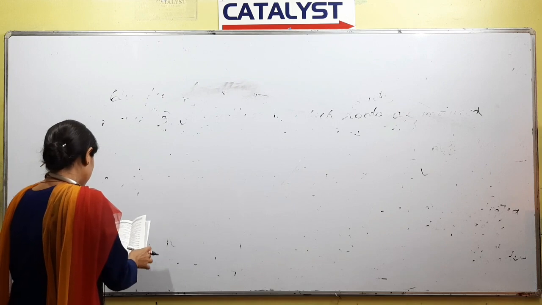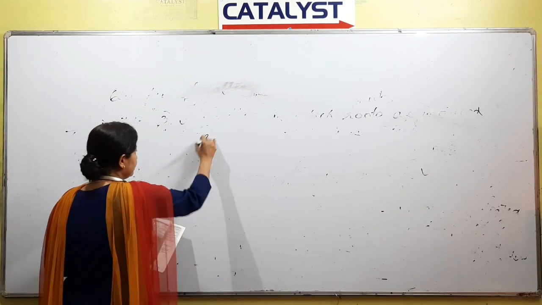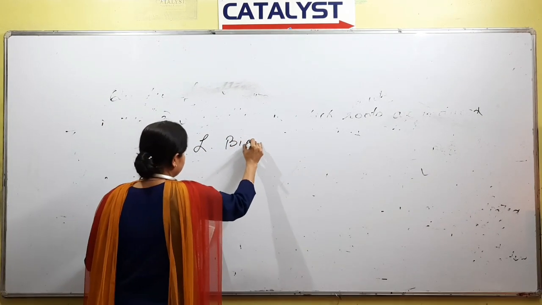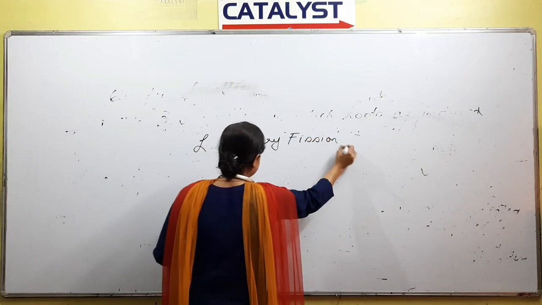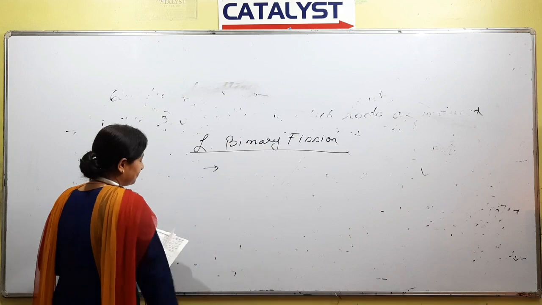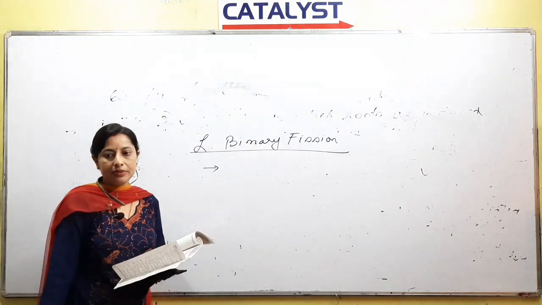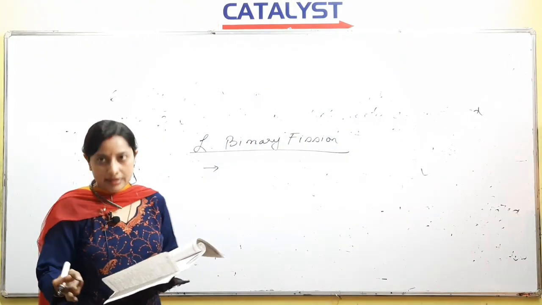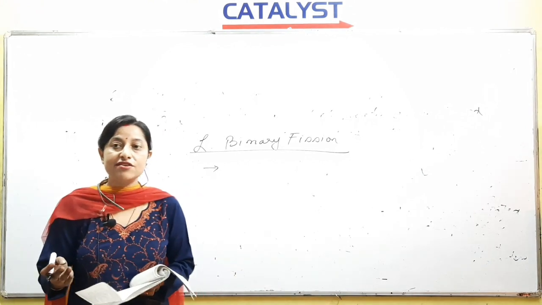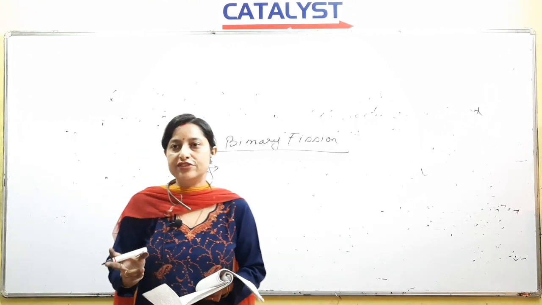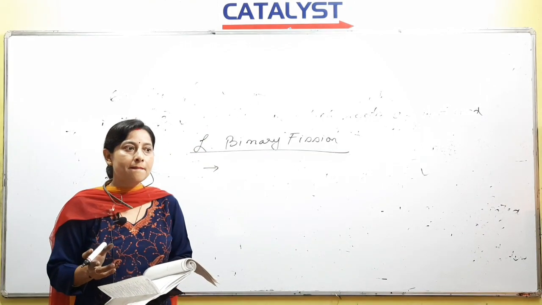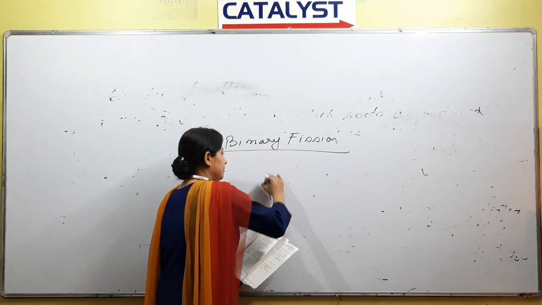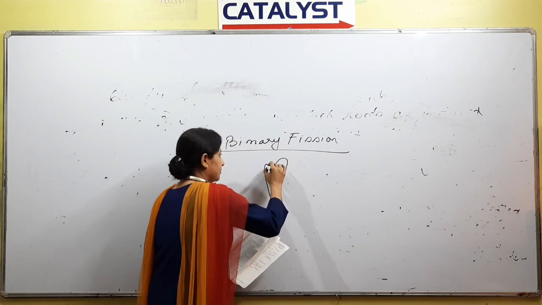Okay, the question is about longitudinal binary fission. Which organism shows longitudinal binary fission? Simple binary fission, longitudinal binary fission, and transverse binary fission are the three types of binary fission we have studied. Longitudinal binary fission, a diagram like this.